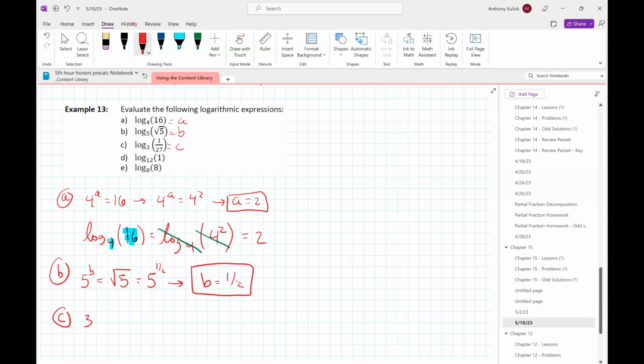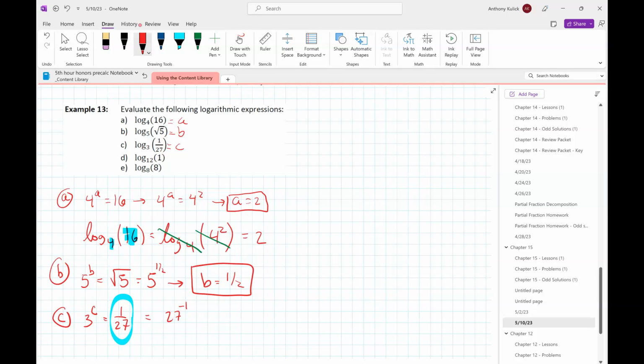Okay, we do the same thing. We have 3 to the c equals 1 over 27. So here, I need to rewrite 1 over 27 as a power of 3, right? Well, I know that 27 to the negative 1 is the same thing as 1 over 27, right?